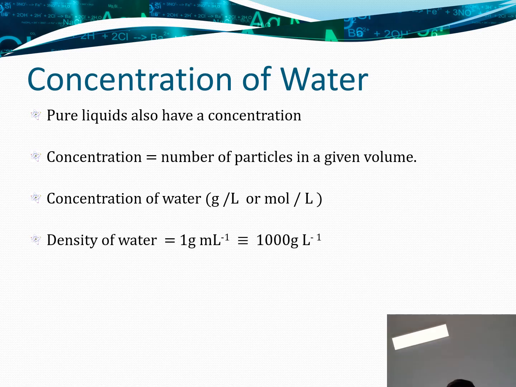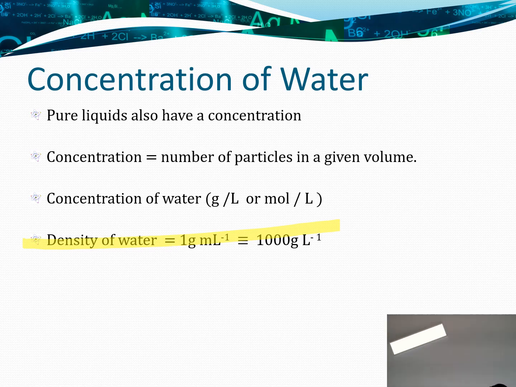A side note, not a side note, a main note: the density of water is pretty much 1 gram per mL. So if you had 200 mL of water, it should weigh 200 grams, because each mL is a gram.